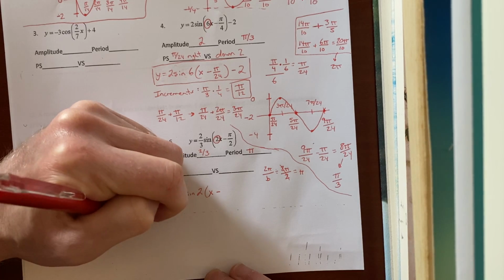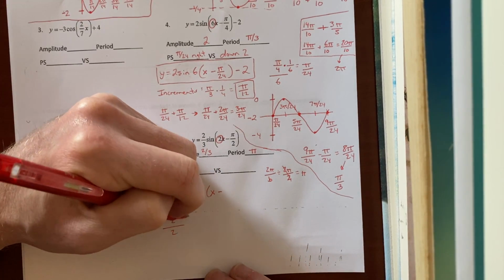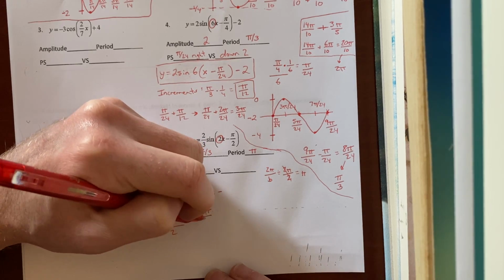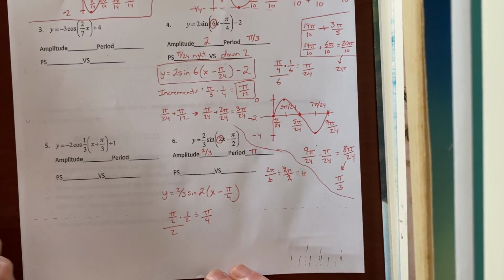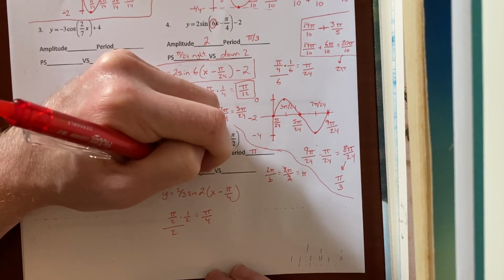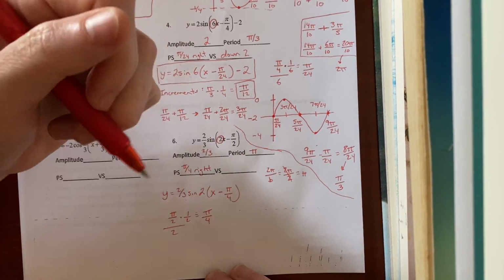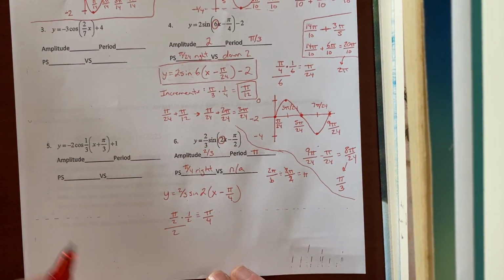I'm now taking pi over 2 and dividing that by 2, which I can just multiply by the reciprocal to get pi over 4. A lot of you guys can do that right in your head, but if not, I always show the math, so doing that's perfectly fine. All right, phase shift, we have pi over 4 to the right because it's a negative on the inside. It's always the opposite. And the vertical shift, there is no vertical shift. There's no k value in this problem.